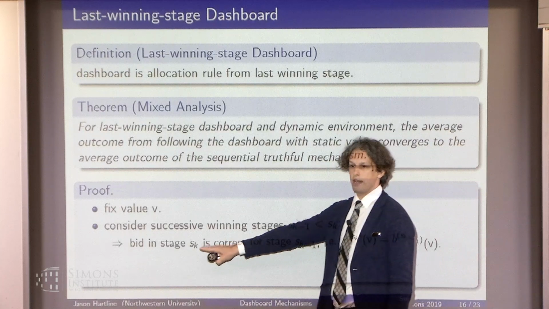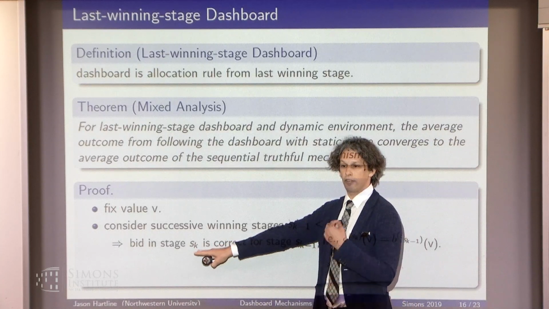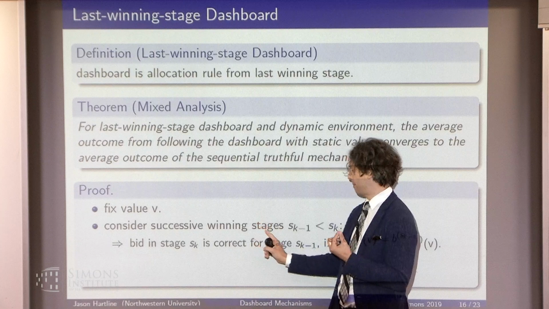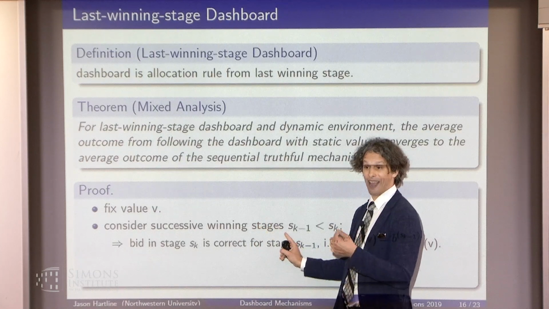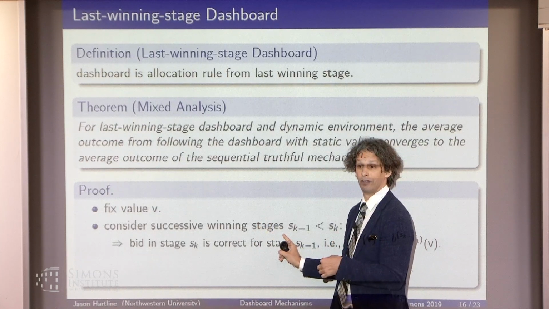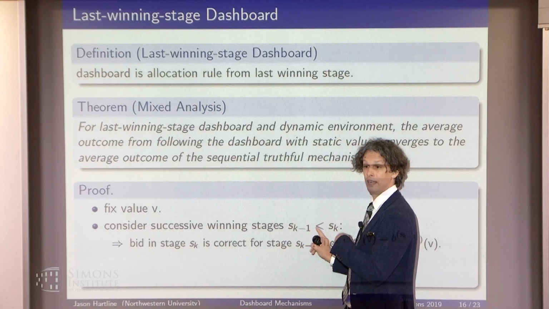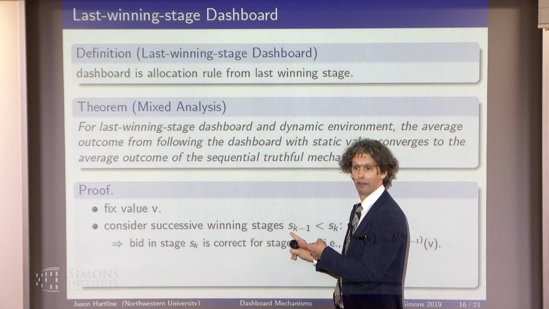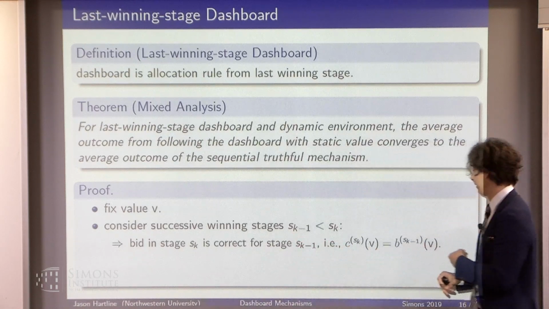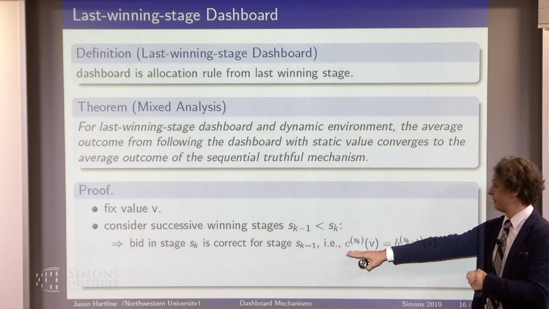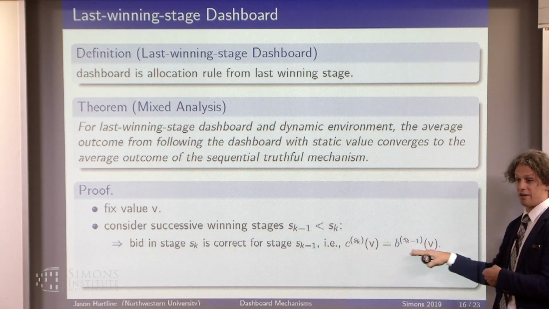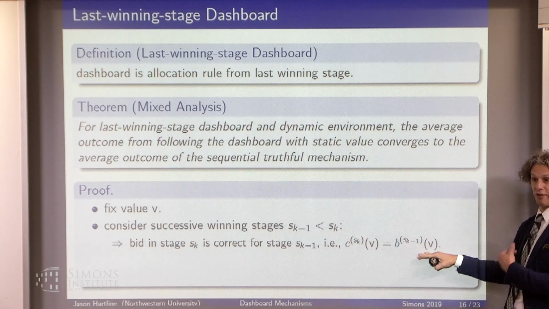The bid you give me in s_k is responding for this value to the dashboard from s_{k-1}, which is the correct dashboard for s_{k-1}. So the amount you pay now when you win is the right amount to have paid me in the last round that you won. In other words, the bid strategy in this round is equal to the correct bid strategy for the last round.